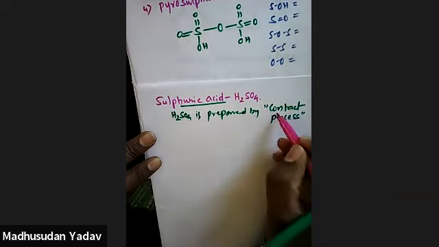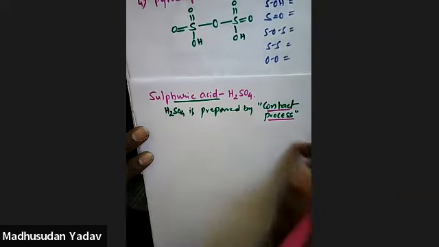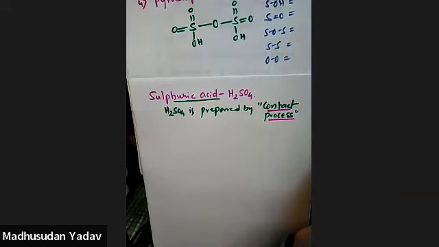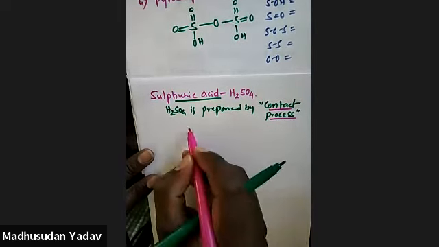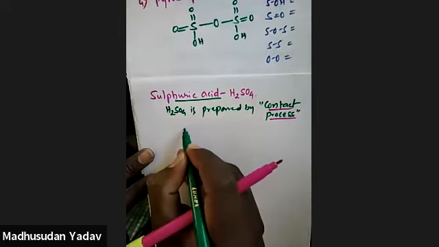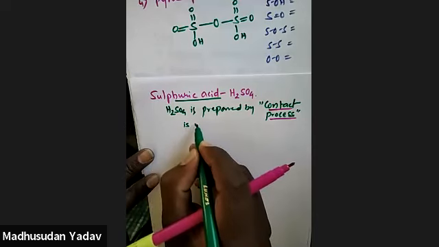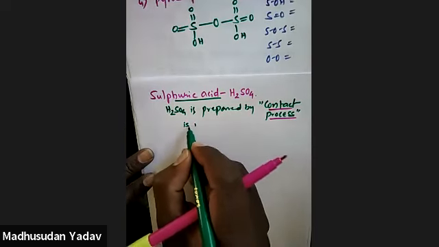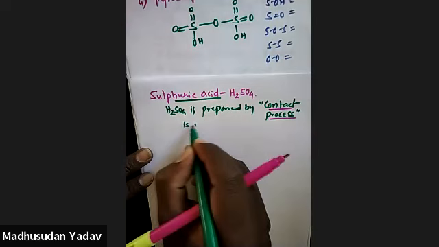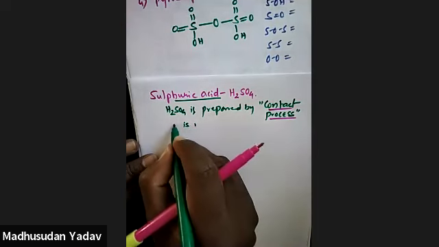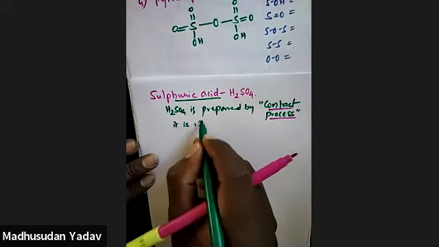It is very, very important as an industrial method. A high amount of sulfuric acid is formed in this method. It is a 3-step process.